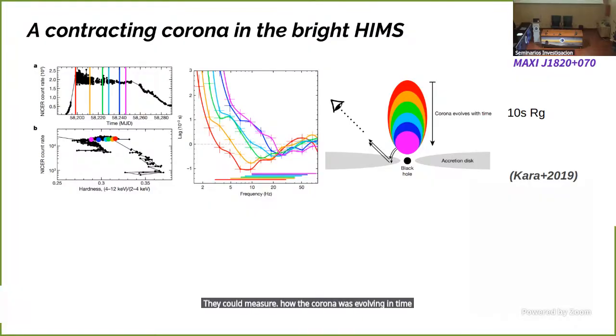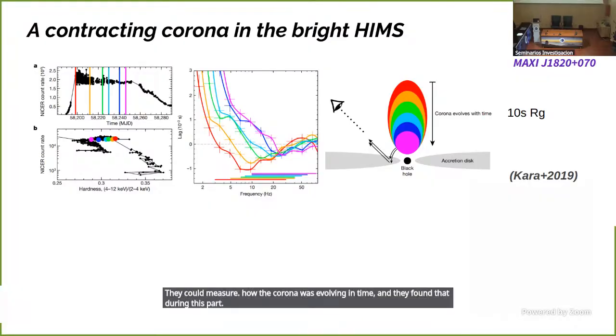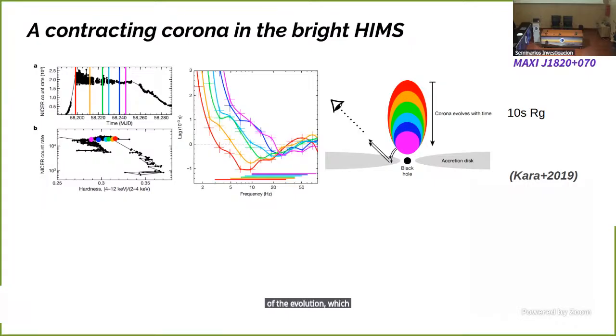And they found that during this part of the evolution, which is a kind of plateau here, the corona height was essentially decreasing because the delay in these echoes was also decreasing, right? And the sizes that were estimated for this corona were of the order of tens of Rg.